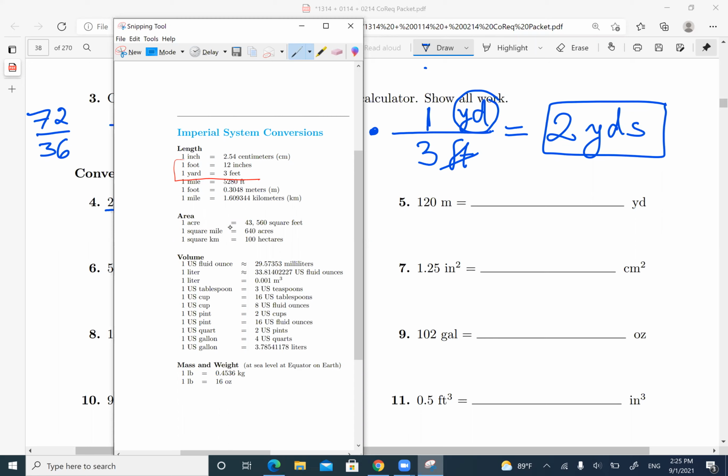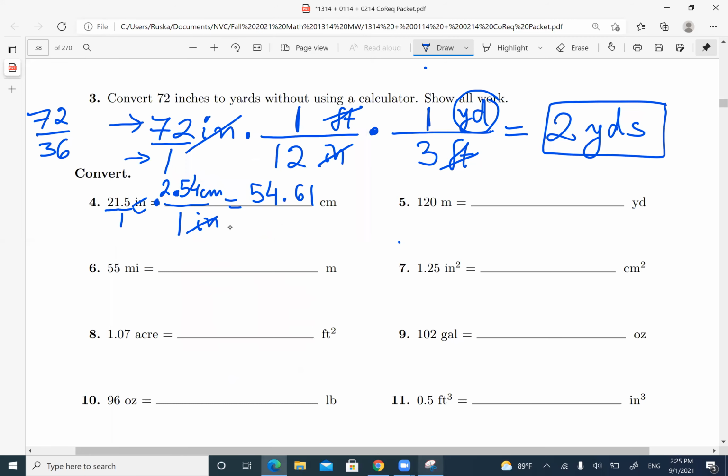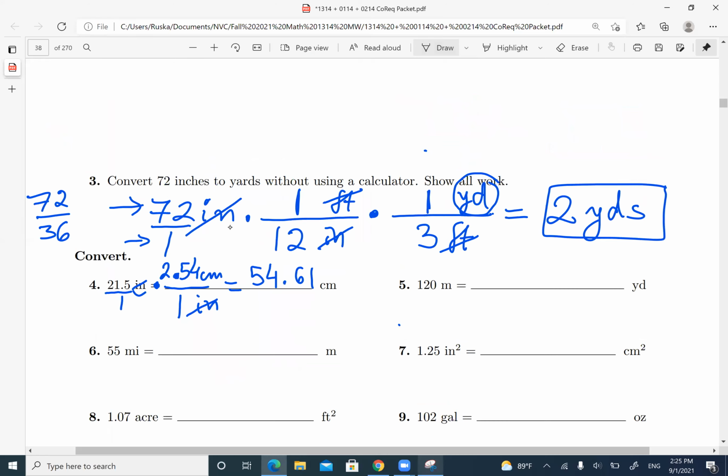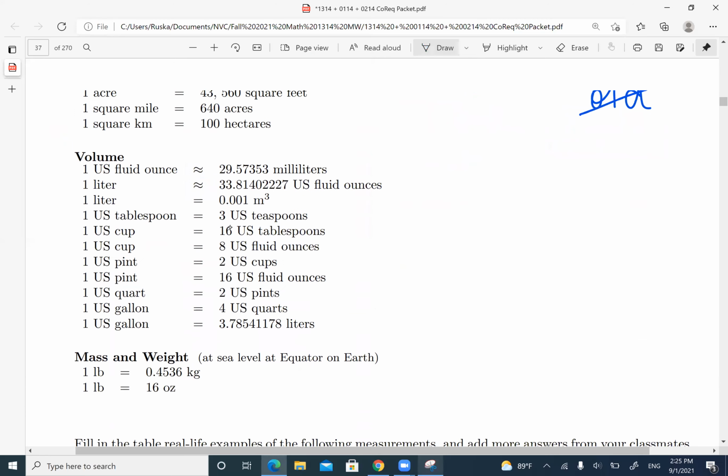So meter, we're going to go to centimeter. Do you remember that? Centimeter is going to be 2 units, so it's going to be 2 steps. Let me show you. I guess I need this table also. Where was that?